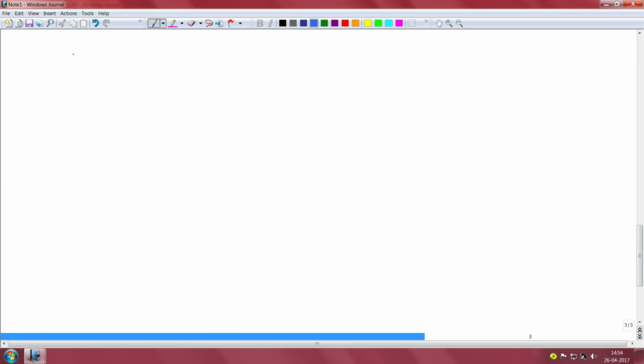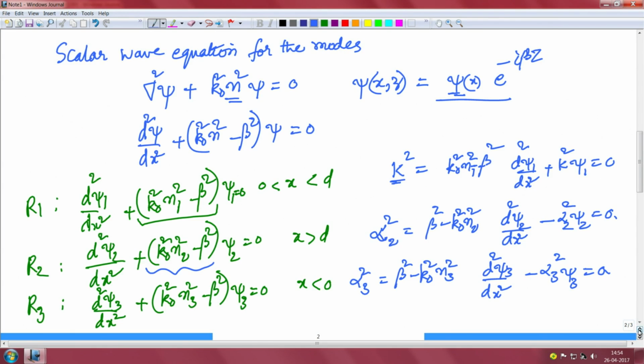So, this will be possible if we choose beta to be lying between the values of k0 n1, so this implies beta should be less than k0 n1, and beta should be more than k0 n2, and beta should be more than k0 n3.